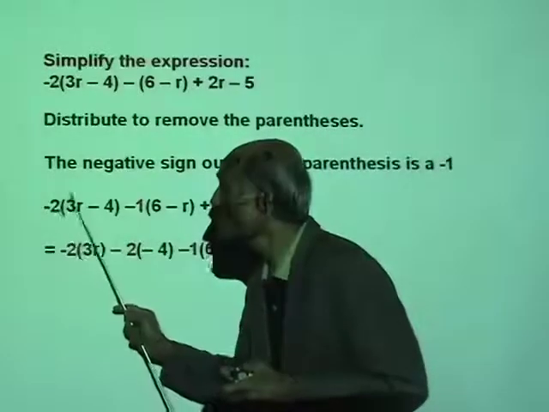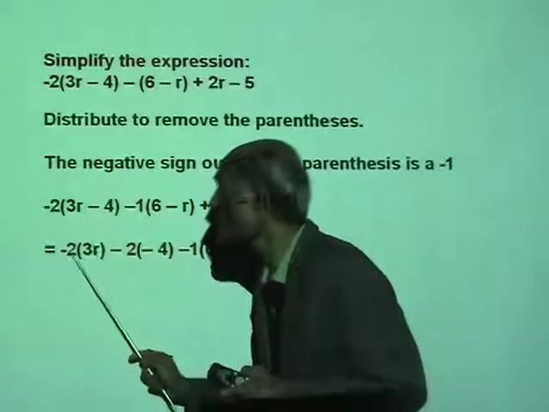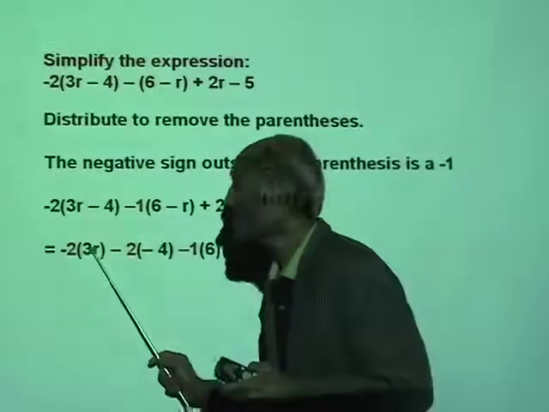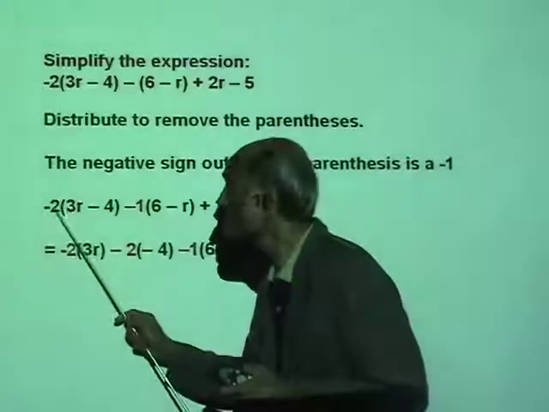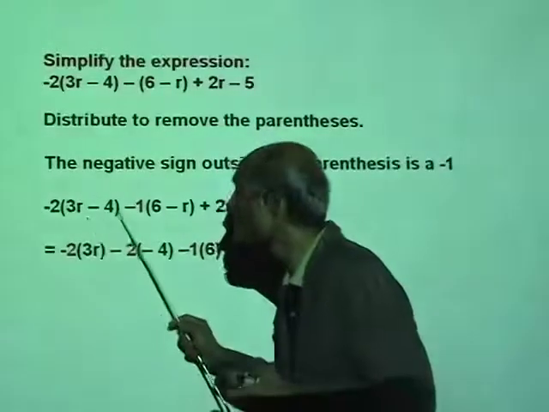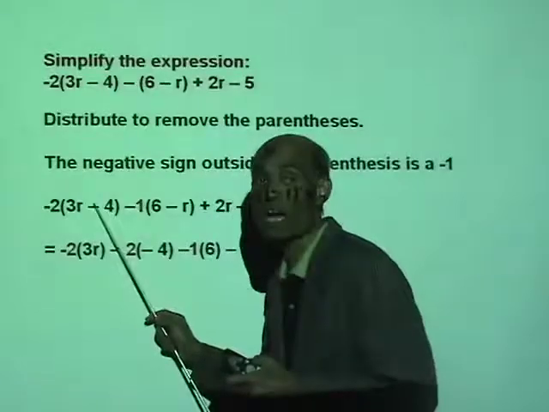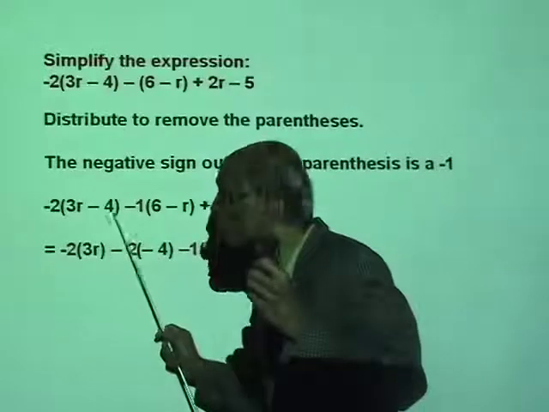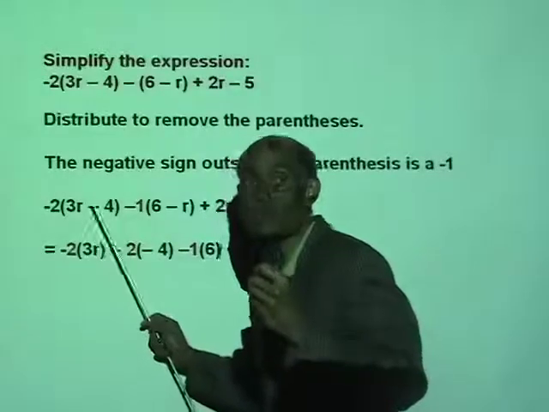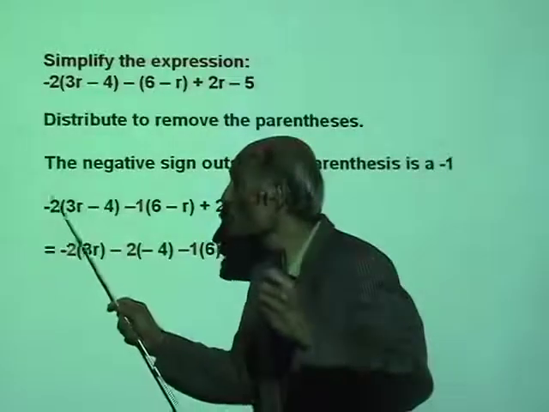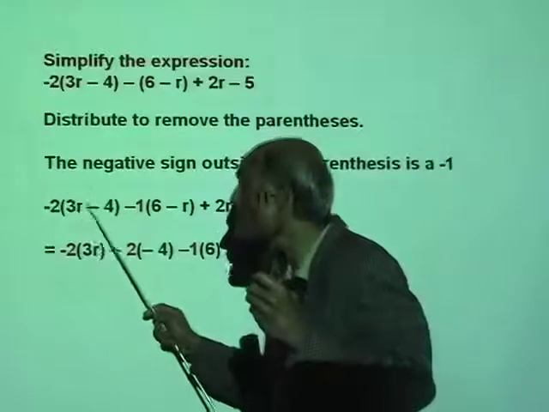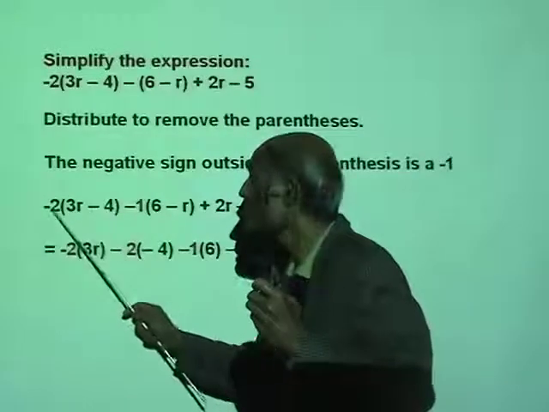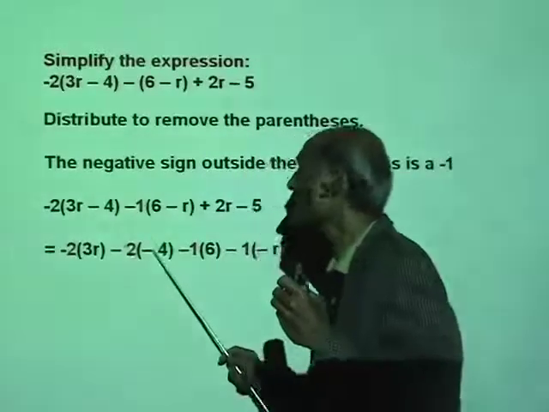Negative 2 multiplied by 3r, that's the first term. Now negative 2 multiplied by negative 4, that is a negative sign. Watch that. This is the area where students always make mistakes. You are distributing this negative 2 to negative 4. So negative 2 times negative 4.